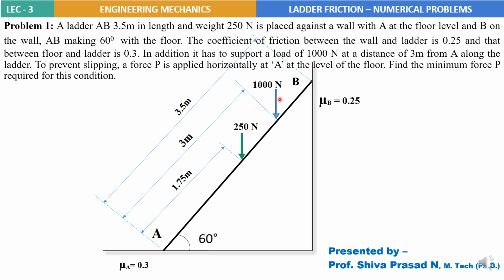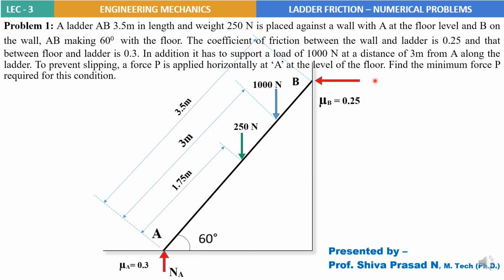Another external load, 1000 Newton, is acting at a point 3 meter from A, so that is another force. Along with these, we will have normal reactions at the contact points. So at A, let me call it NA, which is perpendicular to the floor or the contact surface.